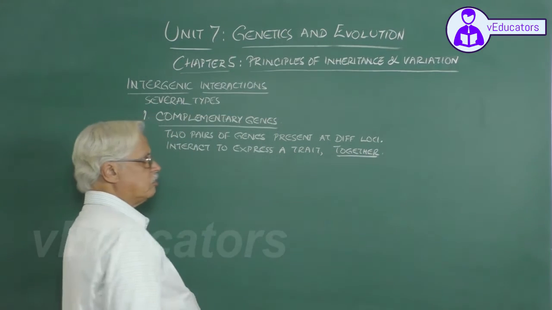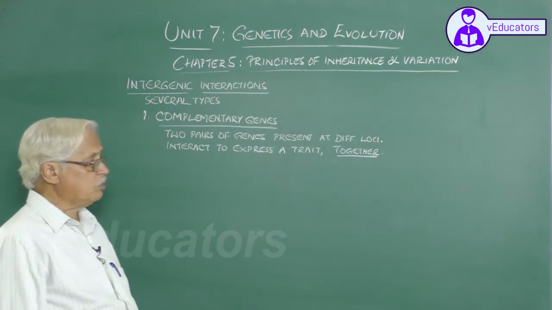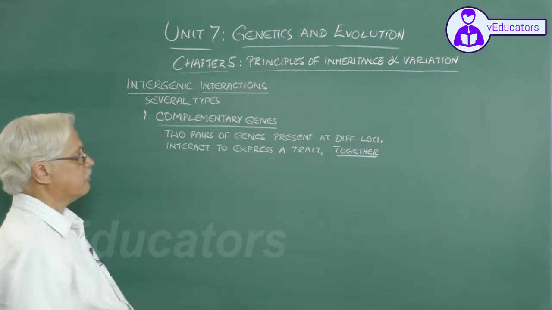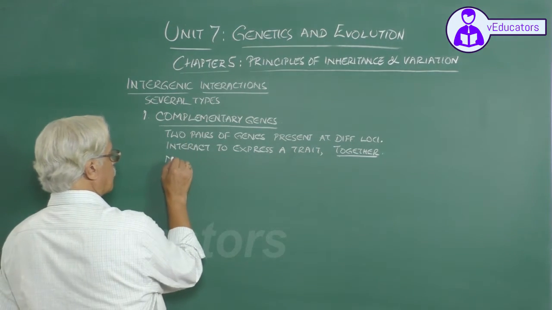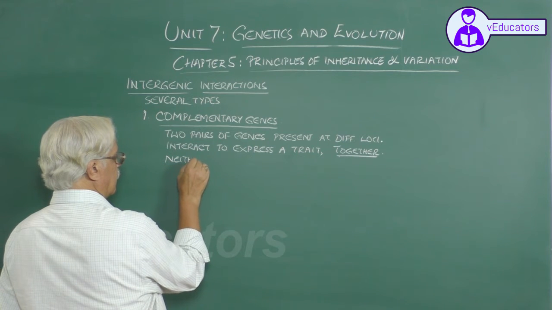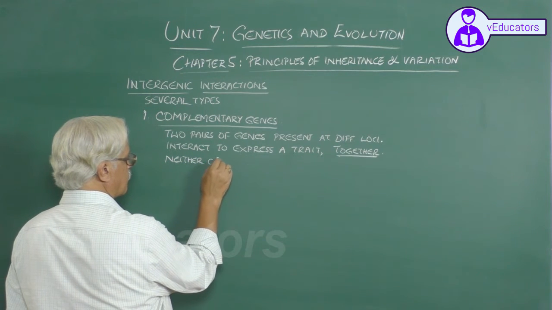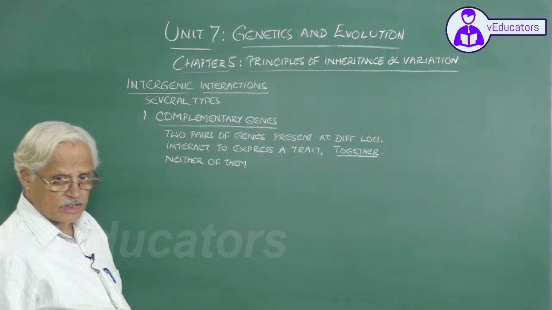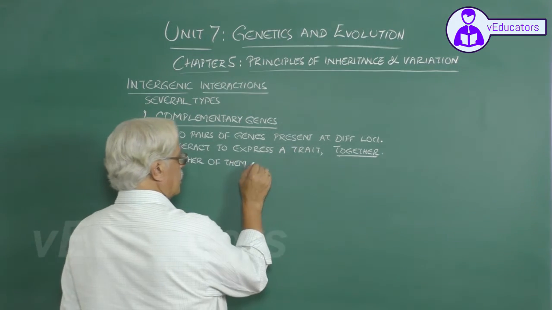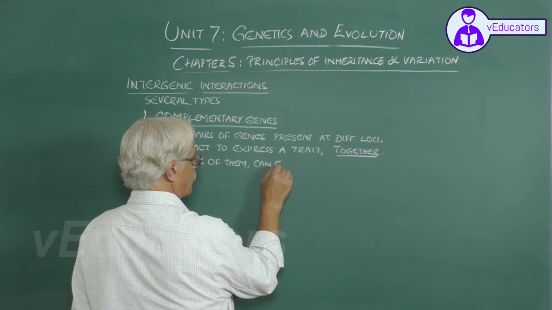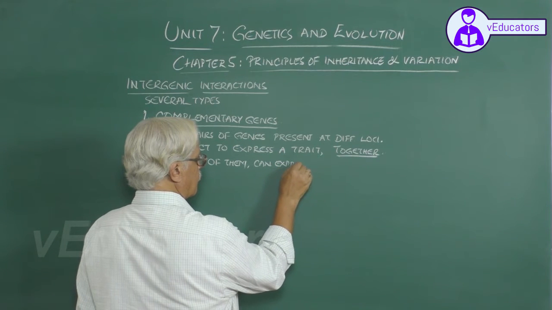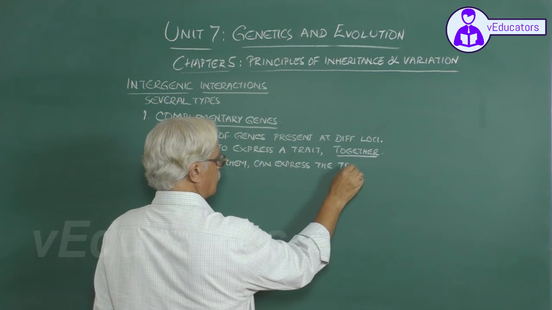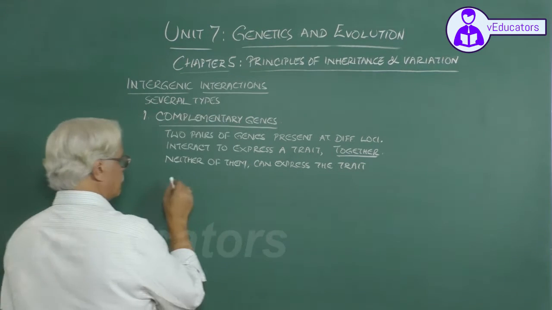So when they come together, the two pairs of alleles express a particular trait, but neither of these alleles can express the trait alone.